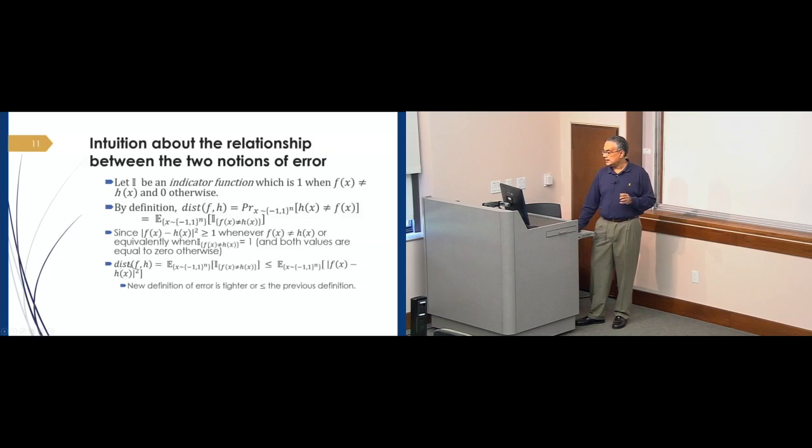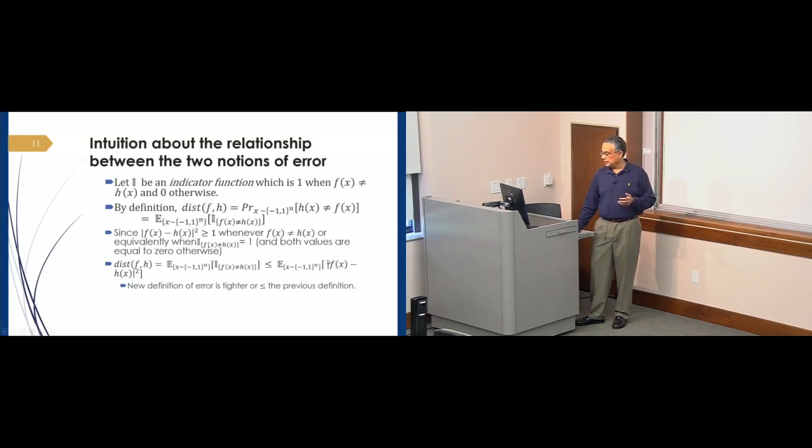So the distance d(f,h) is the expectation we just described of the indicator function, but this is less than or equal to the same expectation over (f(x) minus h(x)) squared, because this term under the expectation is bigger than or equal to 1 when the indicator is 1, and they're 0 at the same time.